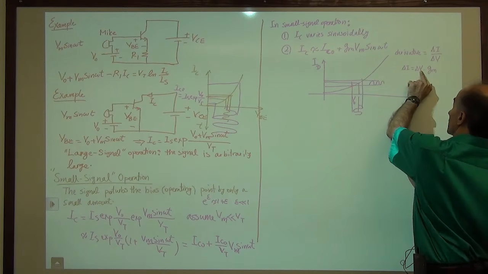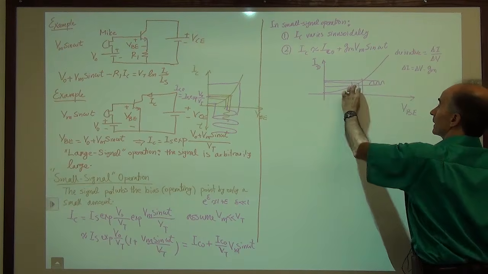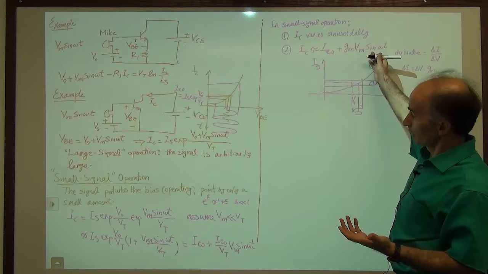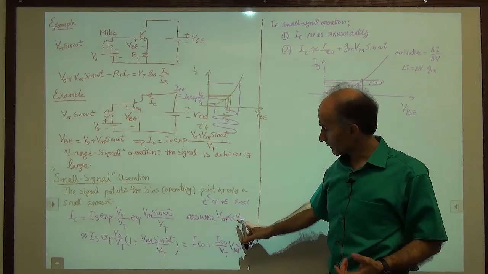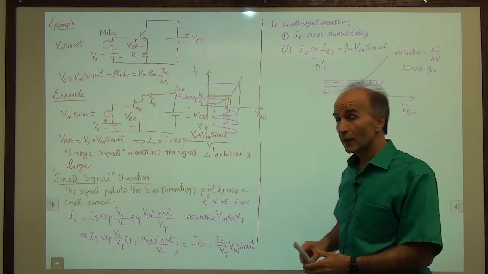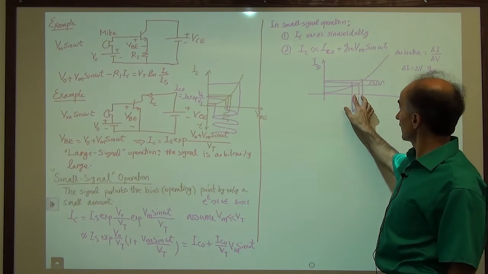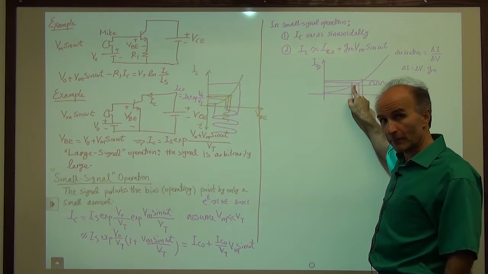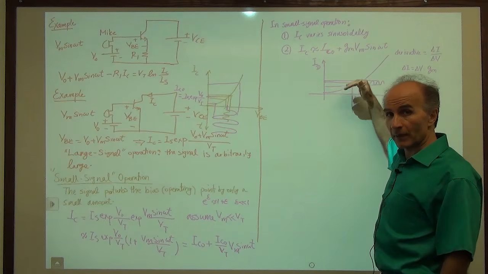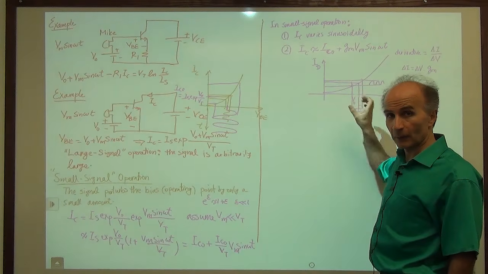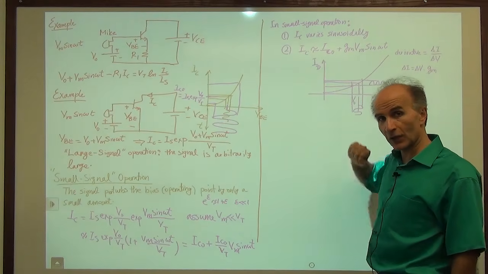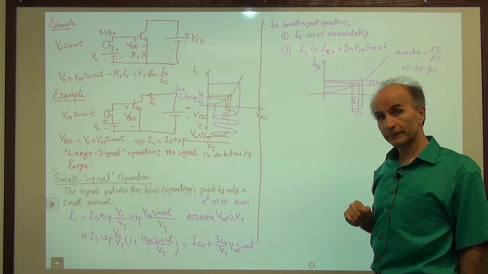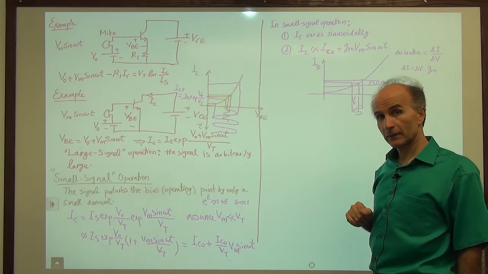So the voltage fluctuation times Gm gives me the current fluctuation, and that makes perfect sense. When we assumed that Vm was much less than Vt, we are so small in this variation that we are looking at the slope of the curve. And the slope of the curve is Gm, so obviously the input change times the slope gives us the output change. And that's why we ended up with this. So that's nice. All right.